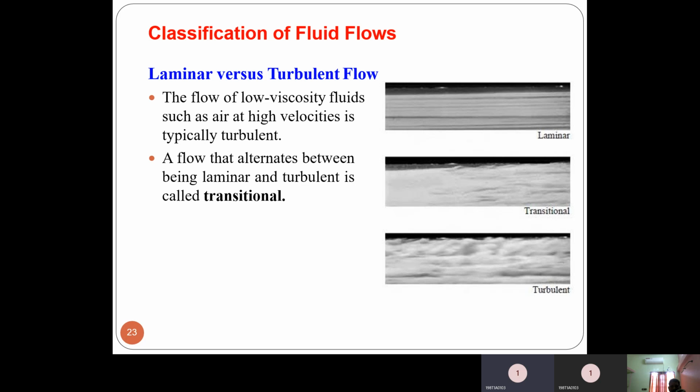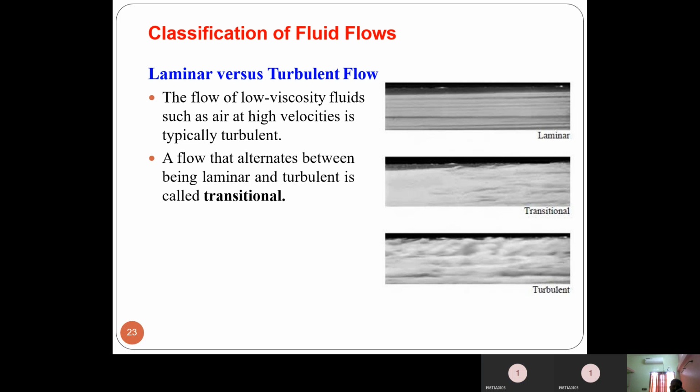If the obtained value is less than 5 into 10 to the power of 5, then the fluid flow is called laminar flow. If it is between 5 into 10 to the power of 5 and 10 to the power of 7, that is called transitional flow.